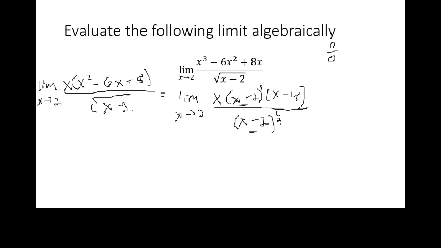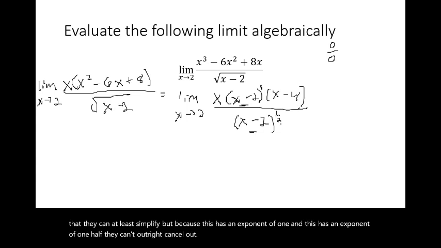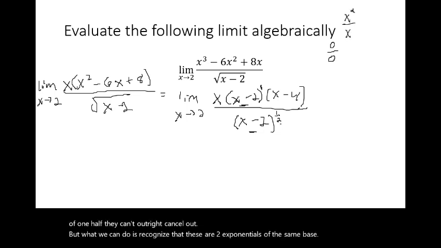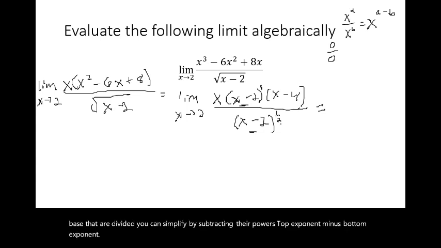But what we can do is recognize that these are two exponentials of the same base. So if you remember your quotient rule for exponents, if you have two exponentials with the same base that are divided, you can simplify by subtracting their powers, top exponent minus bottom exponent. This is basically that same rule, just slightly more complicated.